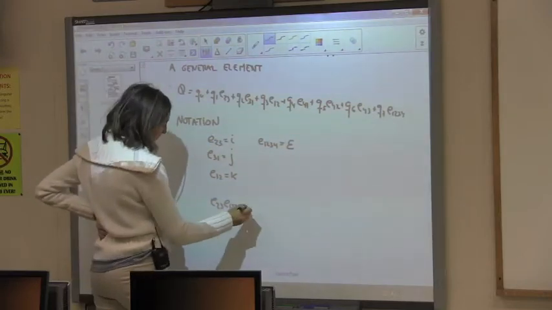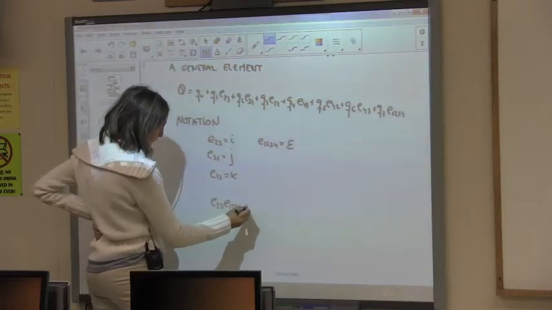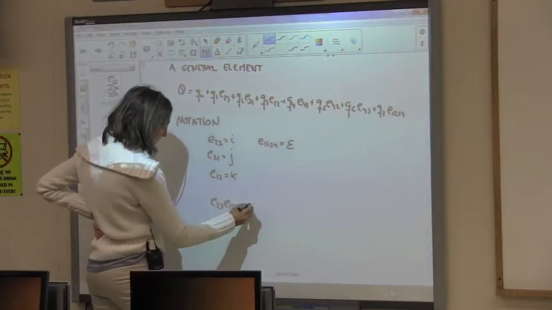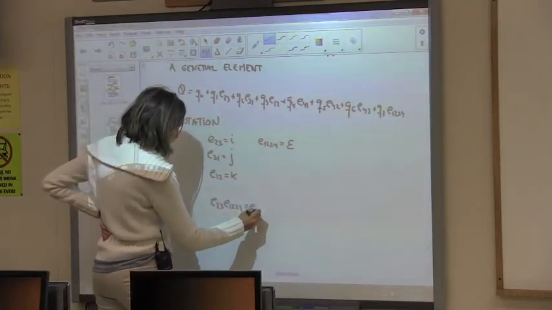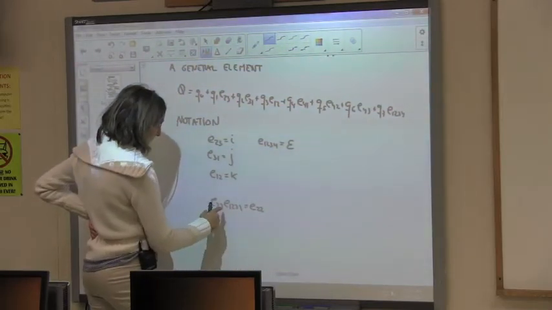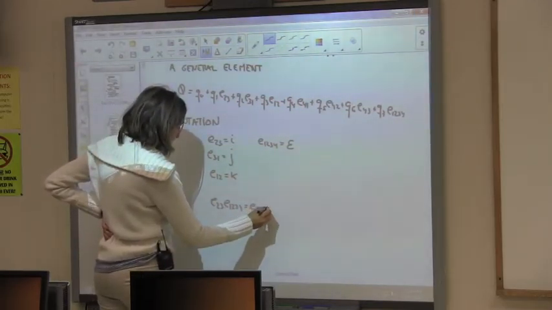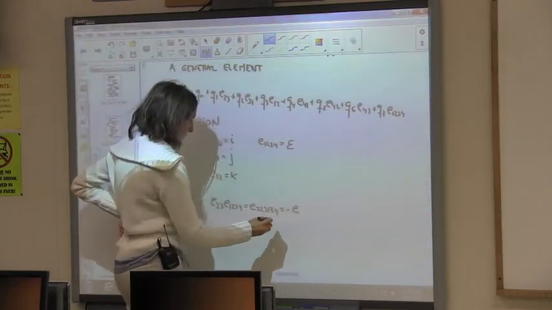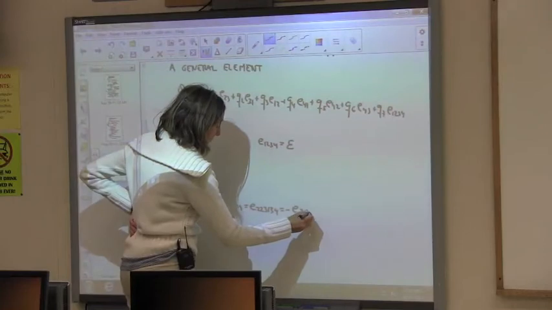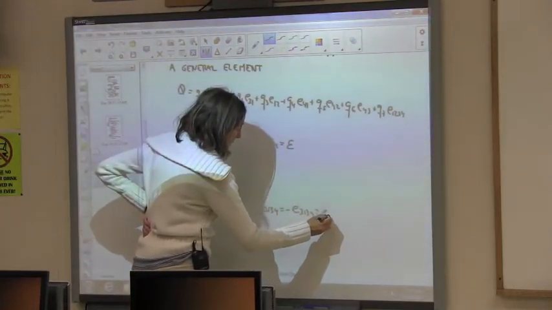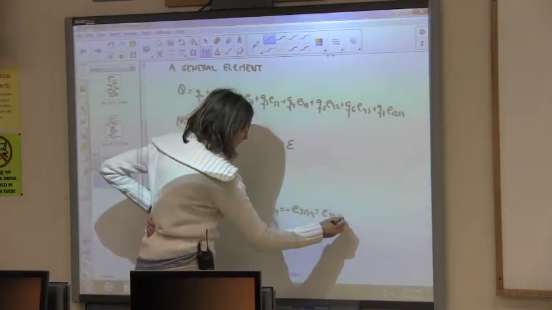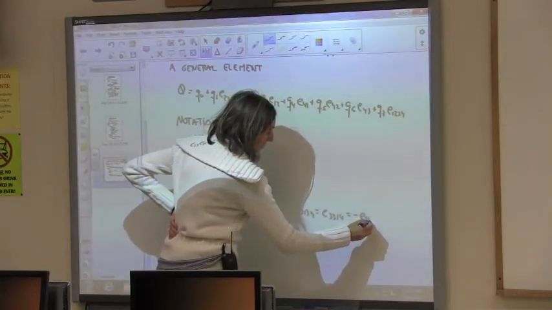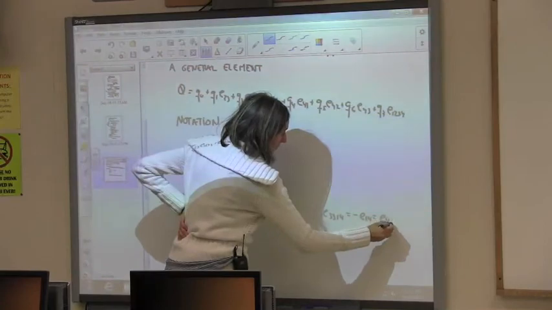I'm just going to put all the indexes together and then we swap twice, so we will have E23134, and this is minus E3134, this is E3314, and this is equal to minus E14, which is E41.